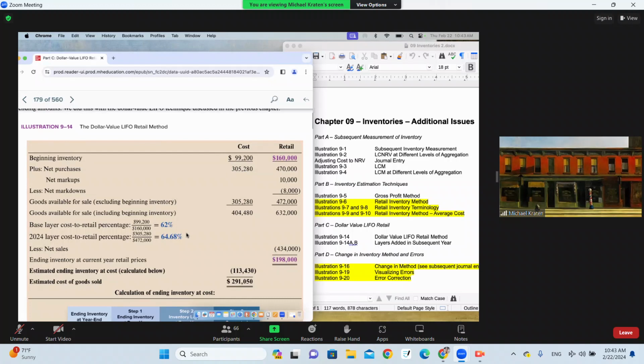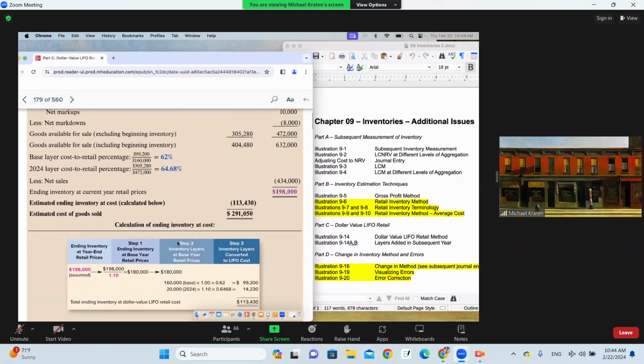Instead of coming up with one percentage, which would be somewhere in between 62 and 64.68, why don't you have slightly different percentages, one for the older stuff and one for the newer stuff? This should strike you as being slightly more accurate than if you just had one percentage for everything, which would be greater than 62, but less than 64.68.